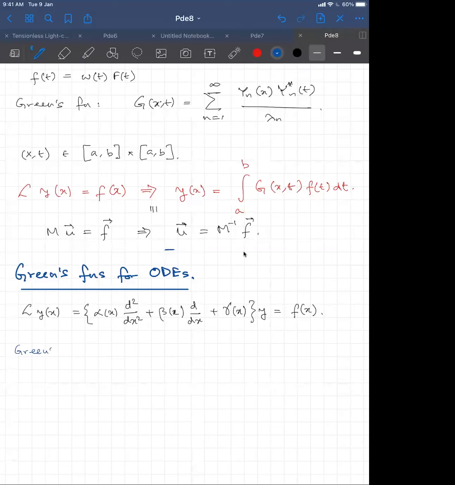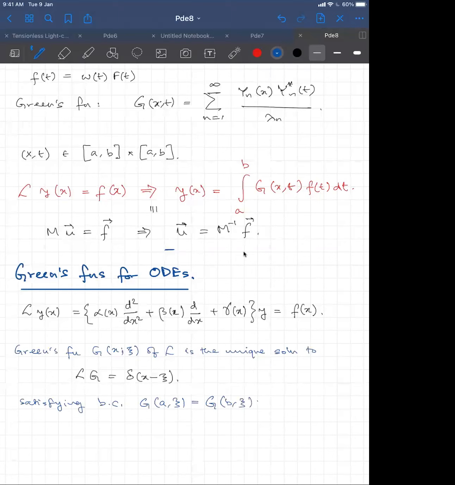The Green's function g of x, xi, of L, is the unique solution to L of g is equal to delta of x minus xi, satisfying the boundary conditions g of a, xi is equal to g of b, xi is equal to 0. Okay.